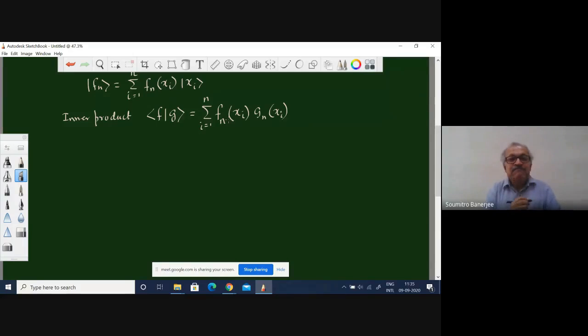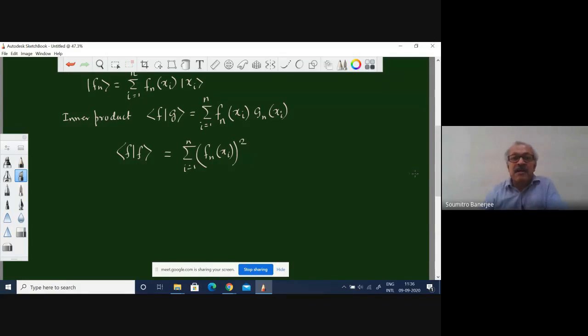Now, let us come to the moot question that I'm trying to drive at. That is, what will be the magnitude of f? The magnitude of f will be the sum over i equal to 1 to n of f(xi) squared. Now notice the problem.